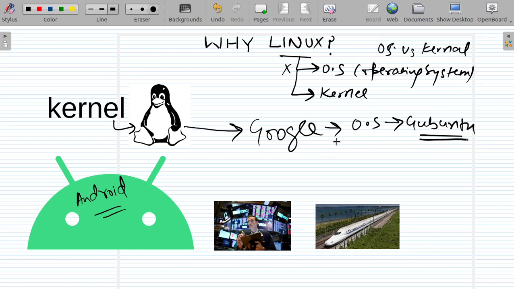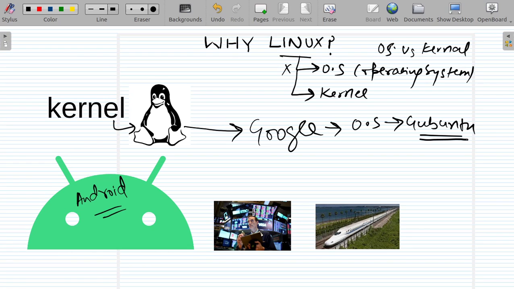So Linux has been becoming a big project since its existence, right? From the US stock market to Japan's bullet train, every operating system is running on the Linux kernel.